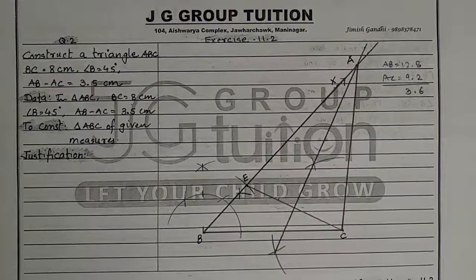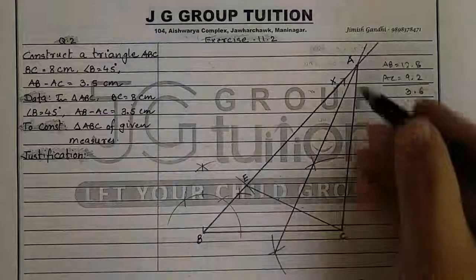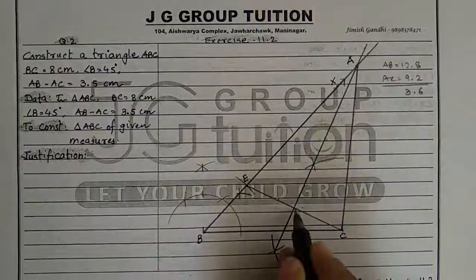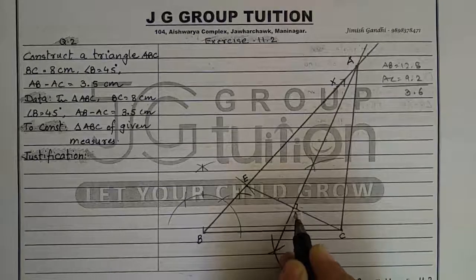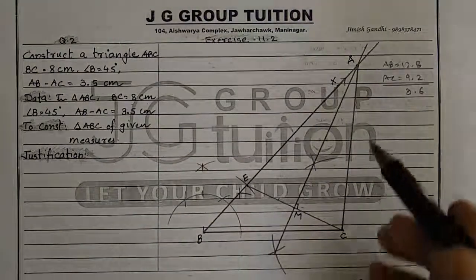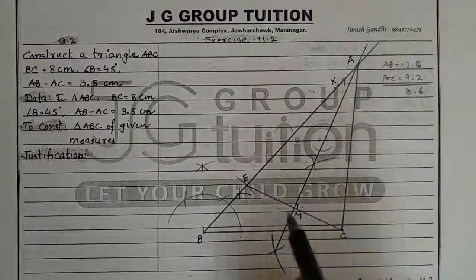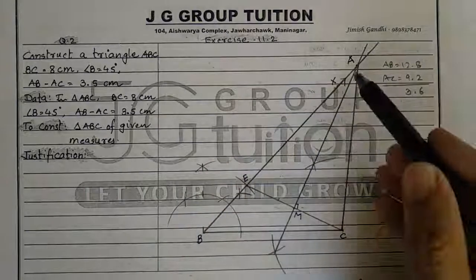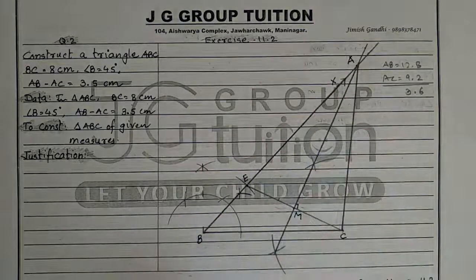Justification. The perpendicular bisector of EC which we constructed meets EC at a point; let us call it M. You can see in this diagram that two triangles are formed, triangle AME and triangle AMC.